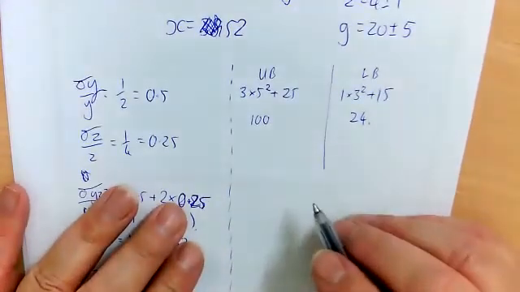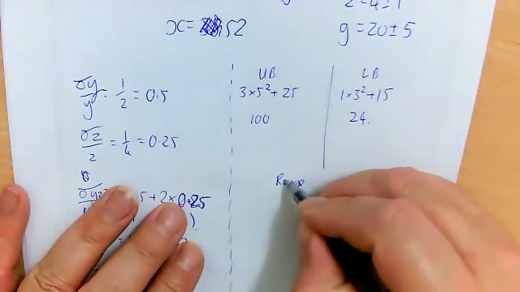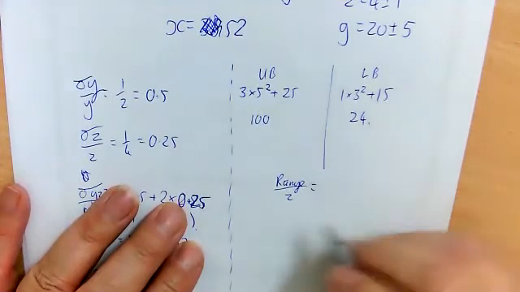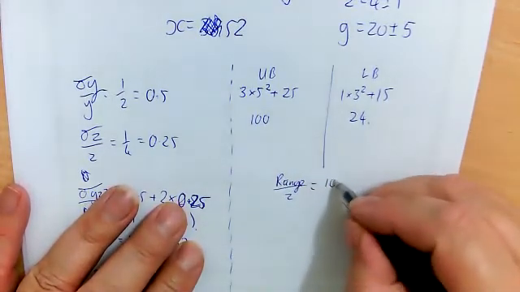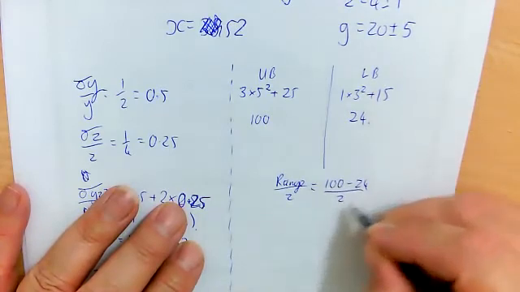Then, just like you do with working out the uncertainty in a measurement, it's the range over 2. So the range is the upper value minus the lower value, over 2.